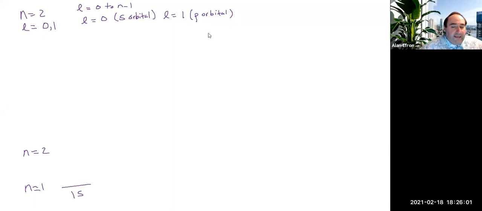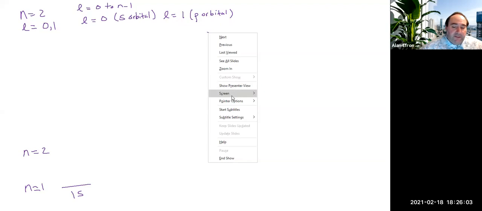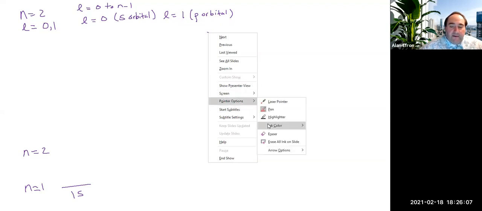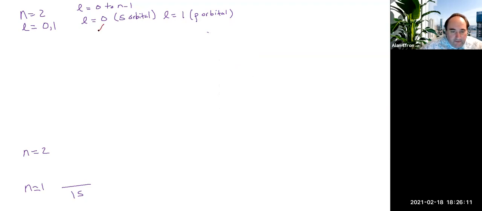Now, when we get to a situation where we have multiple L values, for each L value, you could do an M sub L. So the M sub L again is minus L to 0 to plus L. So in the case of L equals 0, M sub L would equal 0.